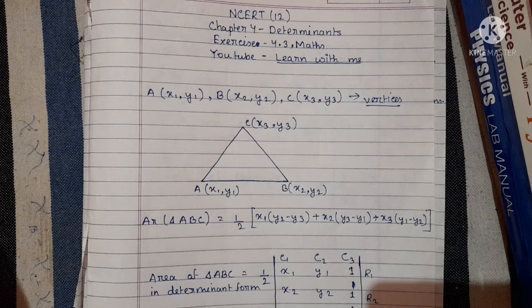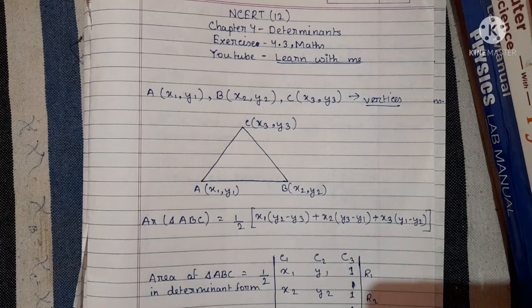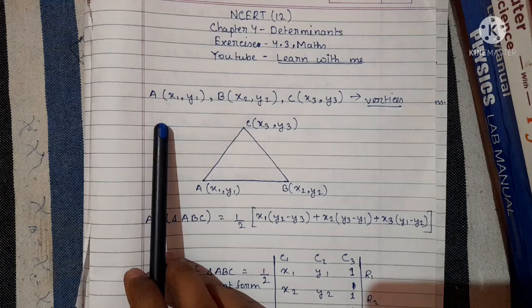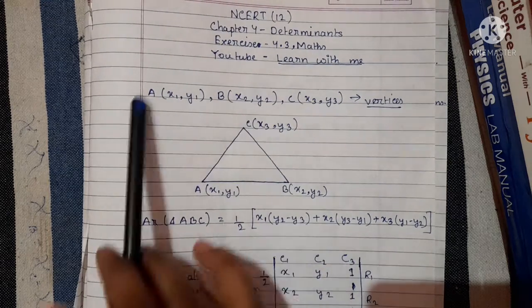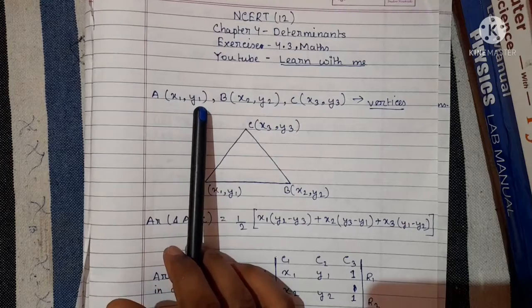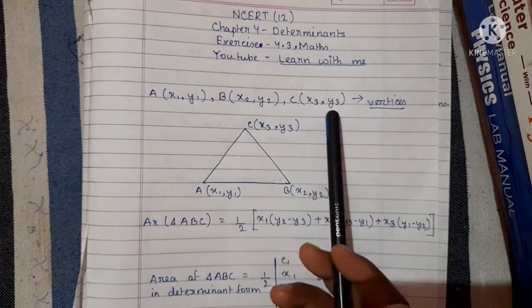And this exercise 4.3 is specially to find the area of triangle, but not what we learned in the previous class. The data will be given in the determinant form and we need to find the area of triangle. Like in the previous class we learned to find the area of a triangle for the given vertices x1 y1, x2 y2, x3 y3.